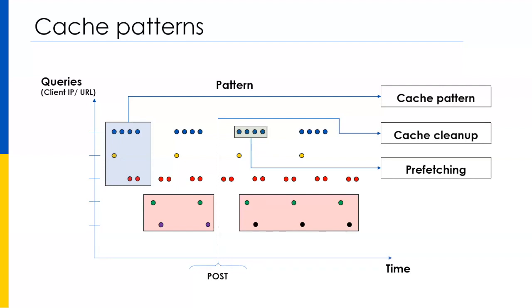Here you can see simple patterns of cache and prefetching, and on the line below, where we have POST requests, we can understand that when we have a POST request, the file that we previously had in the cache could change at the URL address. So the solution for now is cache cleanup, but we understand that we can do more with it, but for now it just stays as it is.